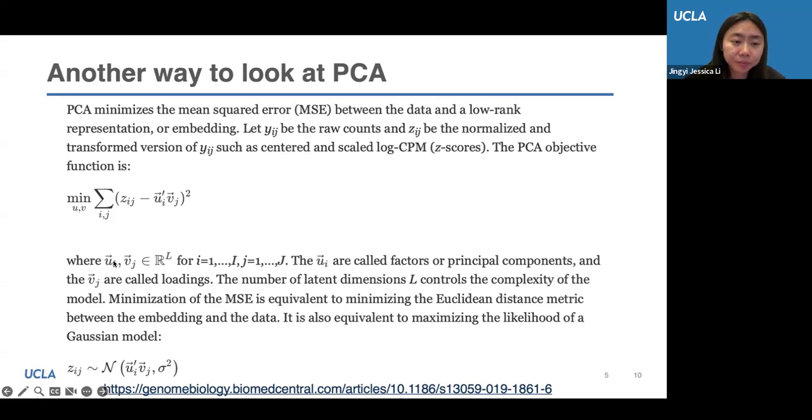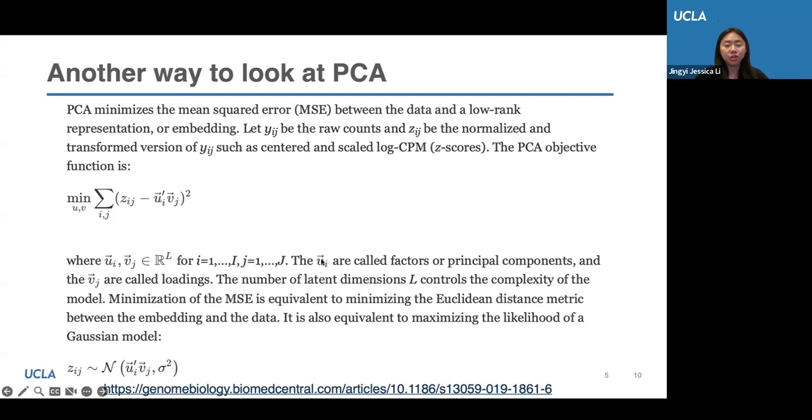So basically, we call u_i cell i's PC scores, and v_j gene j's loadings. Their inner product is what we call the reconstruction of the original data based on PCs. So that's another advantage of PCA. It is not just finding low dimensional embeddings, but you can also use the low dimensional embeddings to reconstruct the original data. Of course, you will lose something, but you hope that the difference is only due to noise, not due to signals.